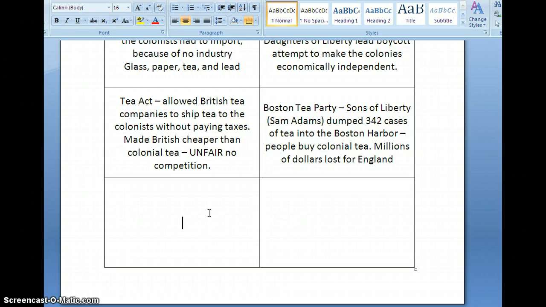Our last act is the Intolerable Acts. Okay? The Intolerable Acts was a response to the Boston Tea Party. So the British king created the Tea Act, which created the Boston Tea Party, which created the Intolerable Acts.